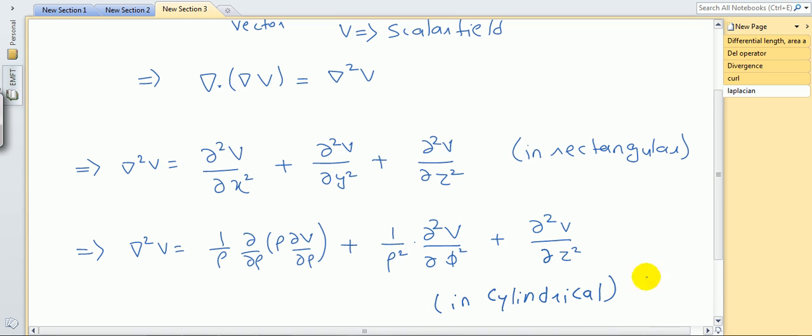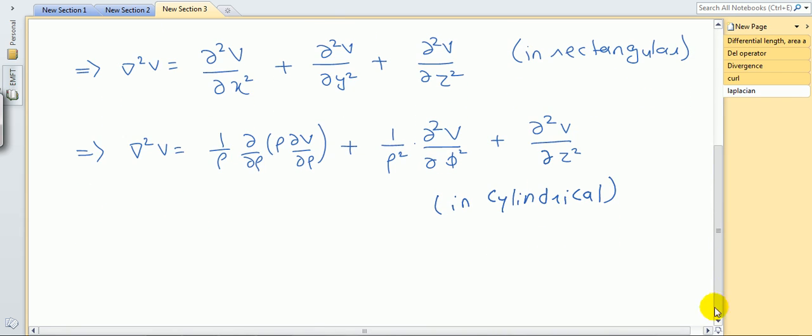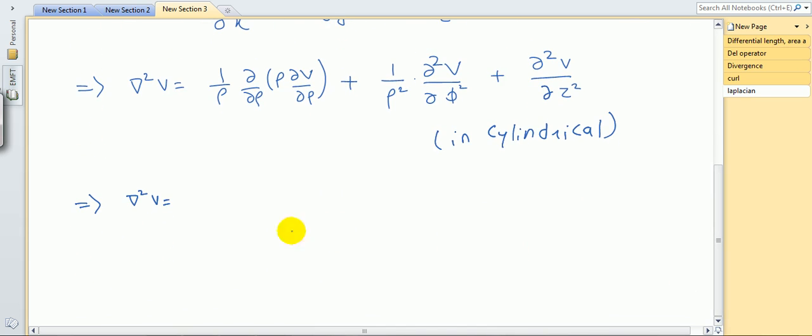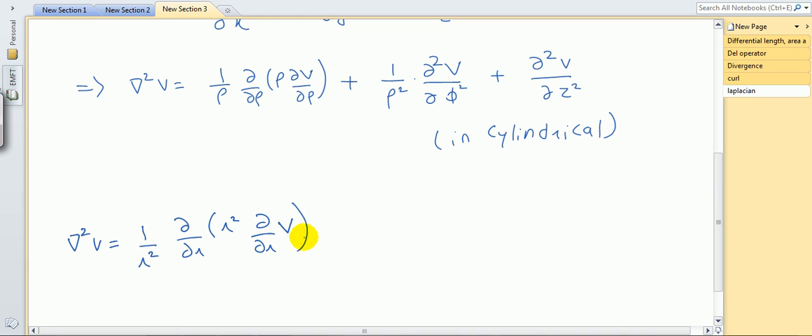Now if I write the formula for the spherical coordinate system, del square v will be del by del r of r square, and here also 1 by r square will be there, and then again del by del r of v, that is del v by del r.